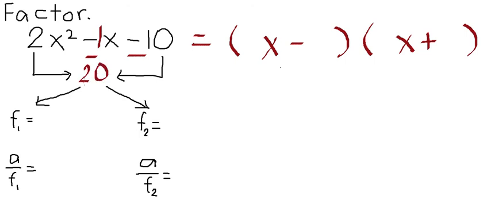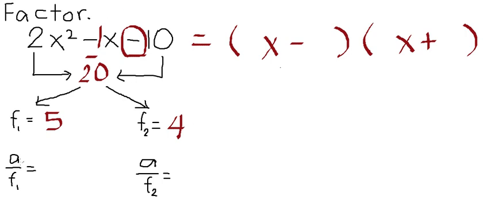Then, mag-isip ka ngayon ng factors ng 20 na kapag pinag-minus mo, ang sagot ay 1. Tama, 5 and 4. Because 5 times 4 is 20 and 5 minus 4 is 1.